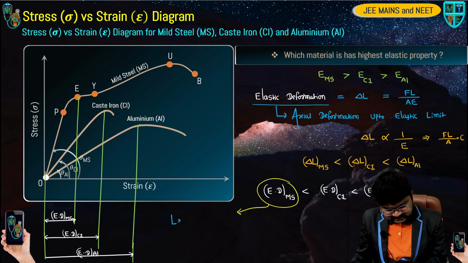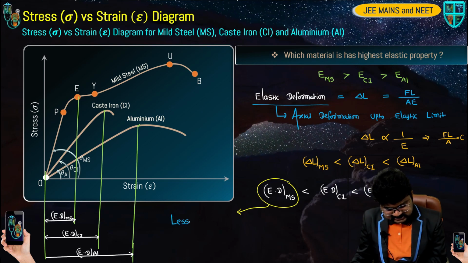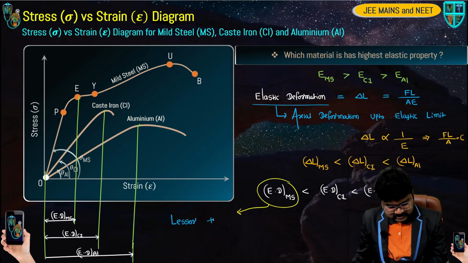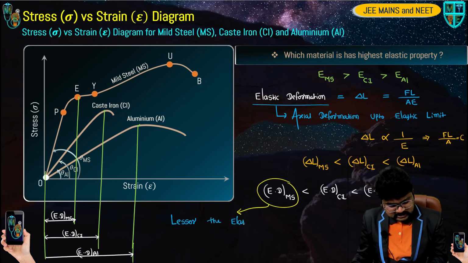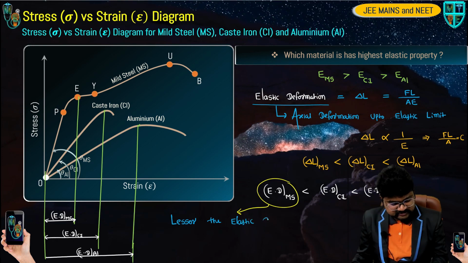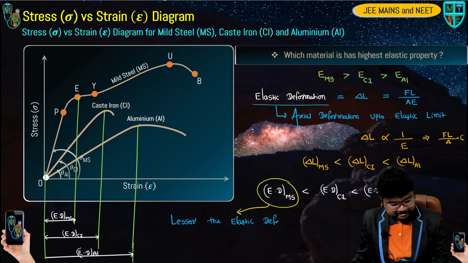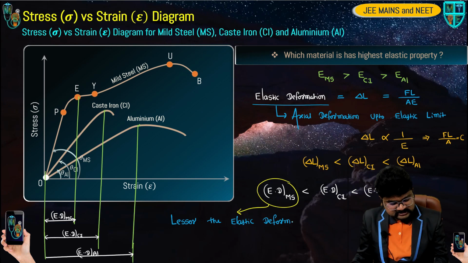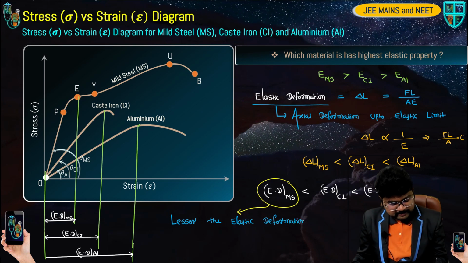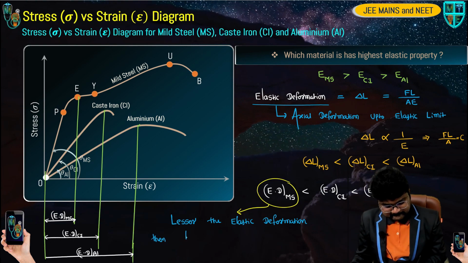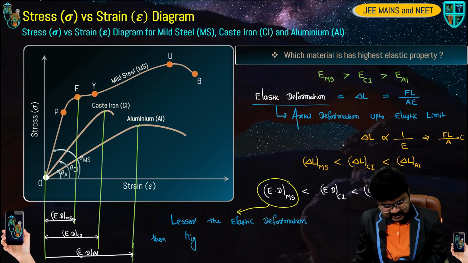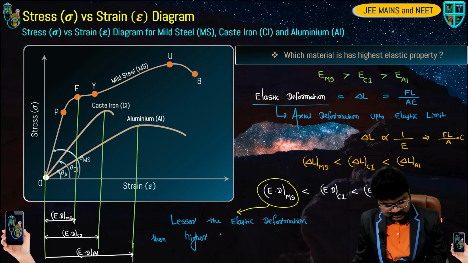Lesser the elastic deformation, higher will be the elastic property of the material.